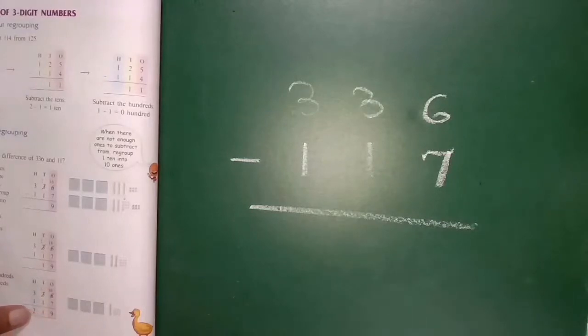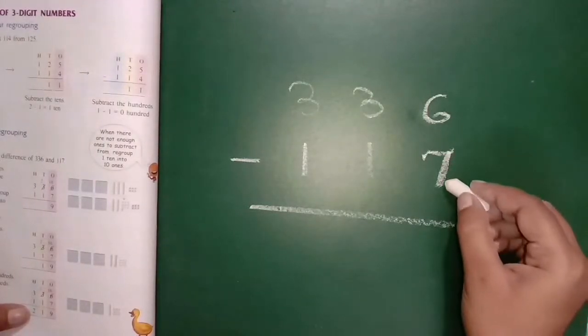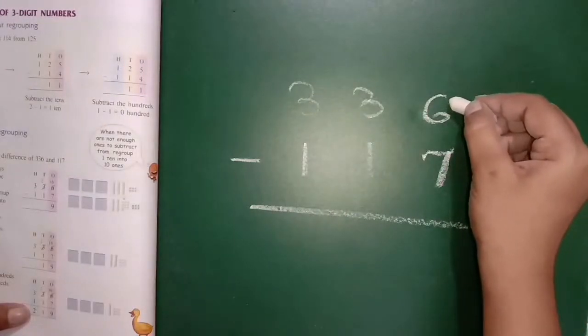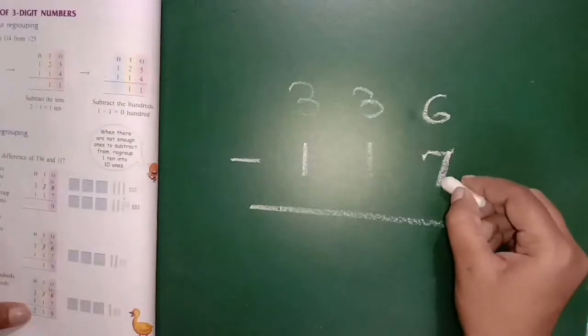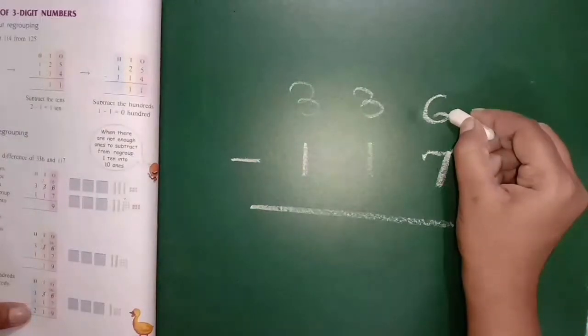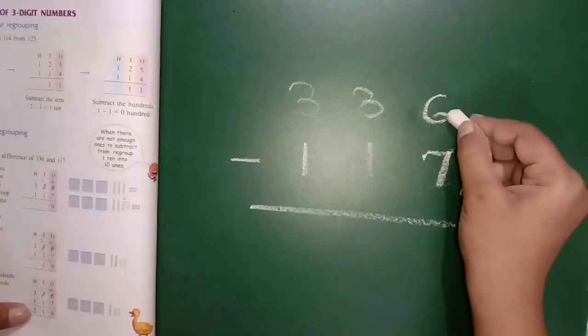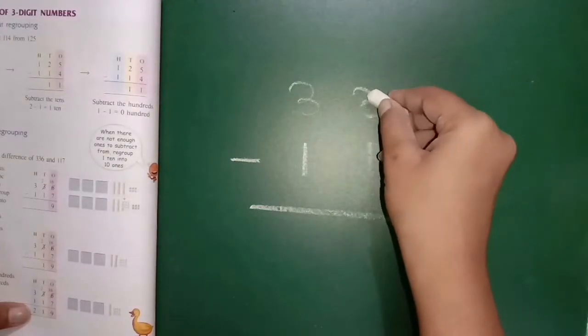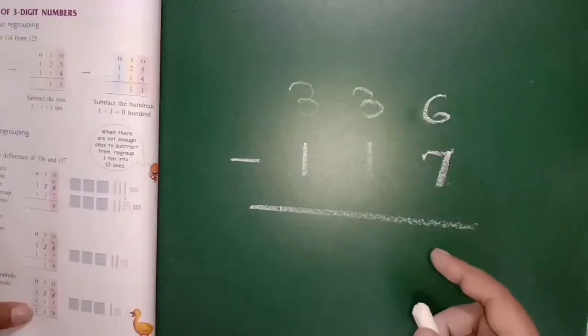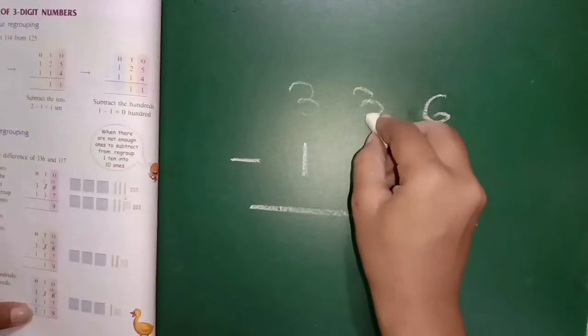Students, first of all, solve ones place. Subtract 7 ones from 6 ones. But we cannot subtract 7 from 6. Why? Because 7 is bigger than 6. So regroup tens place. Borrow 1 ten from tens place.